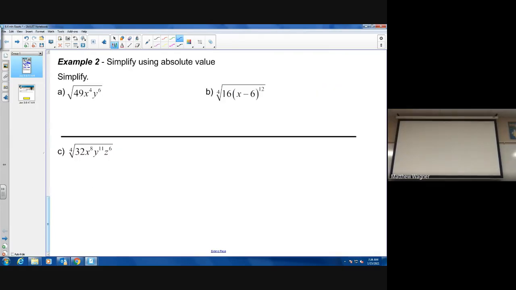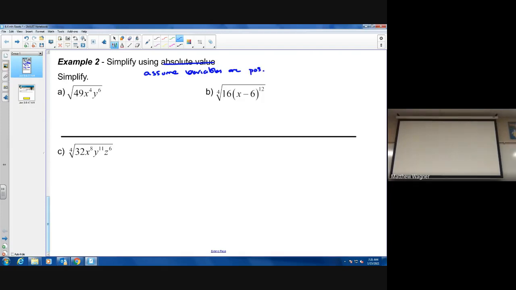Moving on to example 2, some different variations using absolute value. You're going to see a lot of this in your textbook. We're not really concerned with this. On most of these, you're going to see us say assume variables are positive.